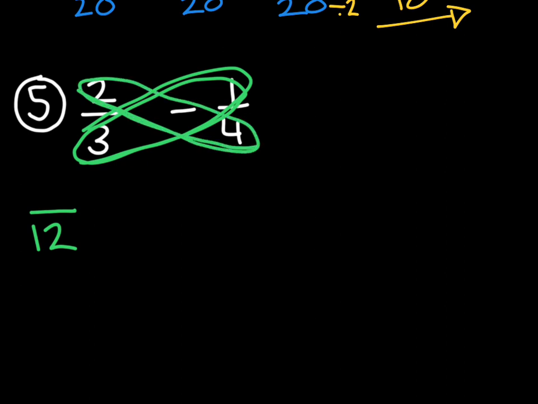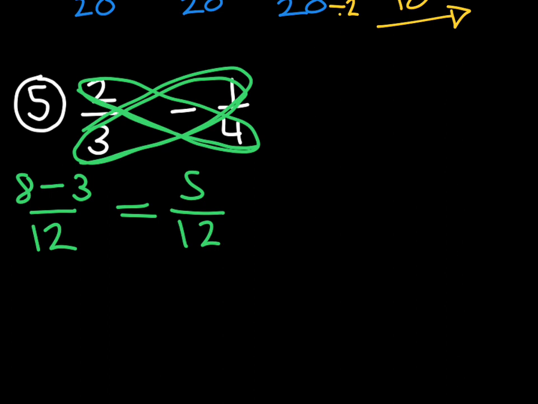So, firstly, we've got 2 times 4, which is 8. And we're going to minus, because the question tells us to minus. Then we will say 3 times 1 gives us 3. So we simplify that. 8 minus 3 gives us 5, and that was over 12.